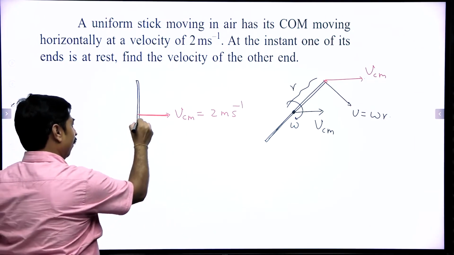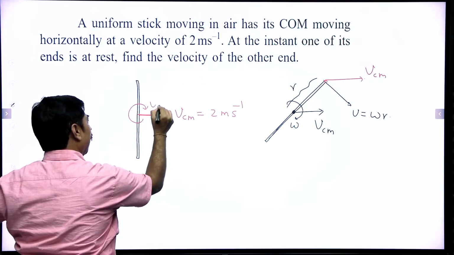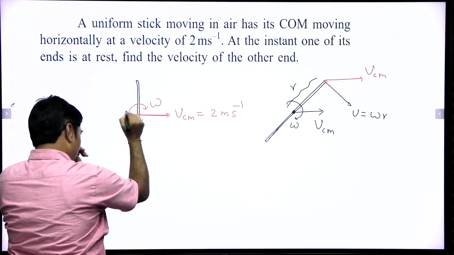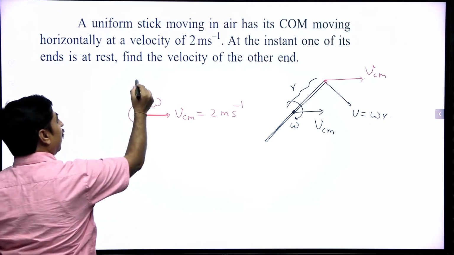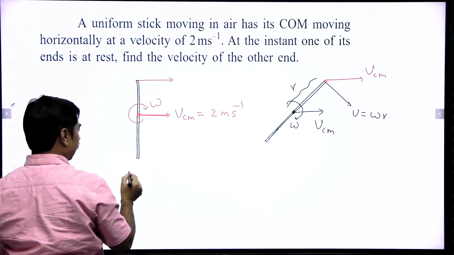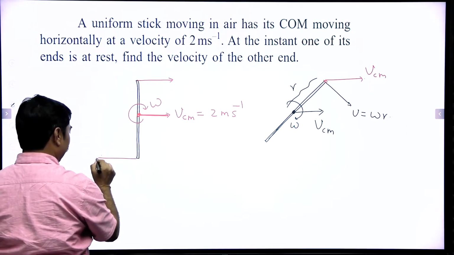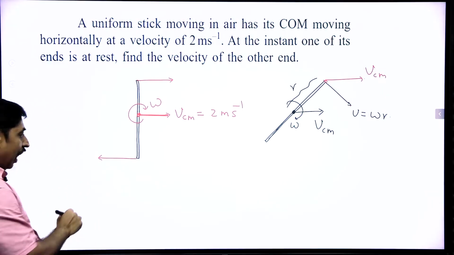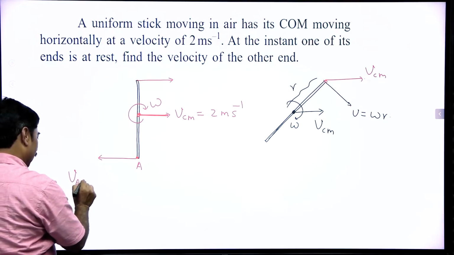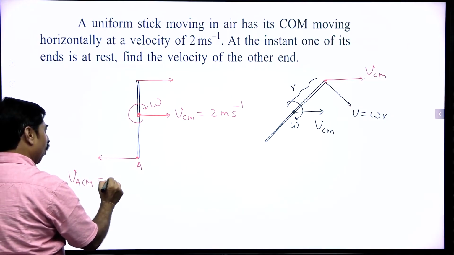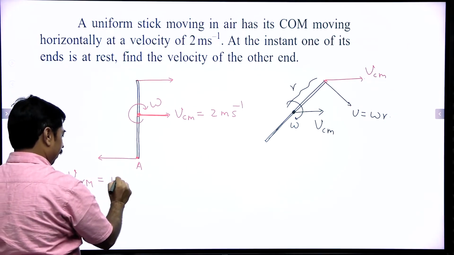Again, look at this carefully. In the reference frame of the center of mass, an observer will say that this particular point has a velocity this way, and that point has a velocity this way. If I call this point A, then the velocity of A with respect to the center of mass will be omega into this length.